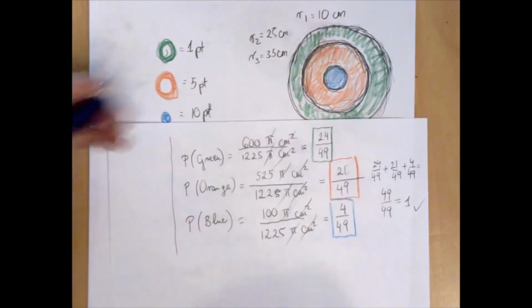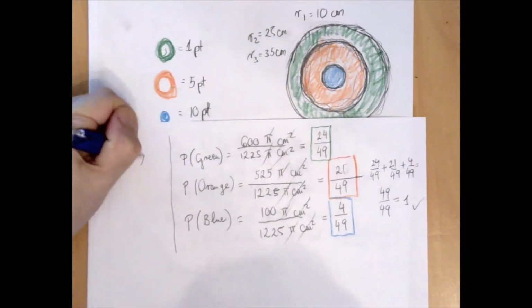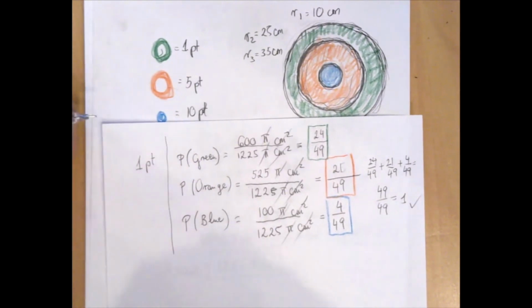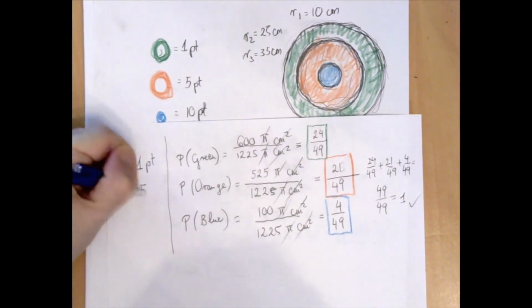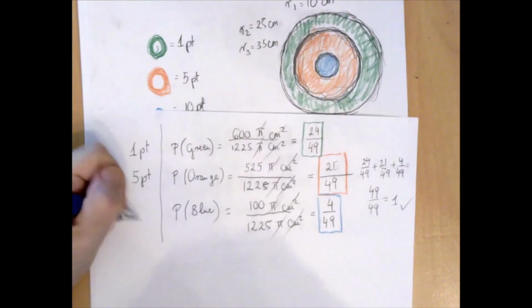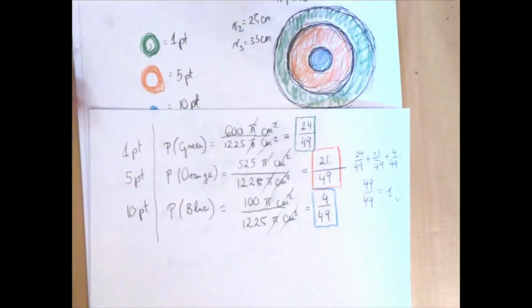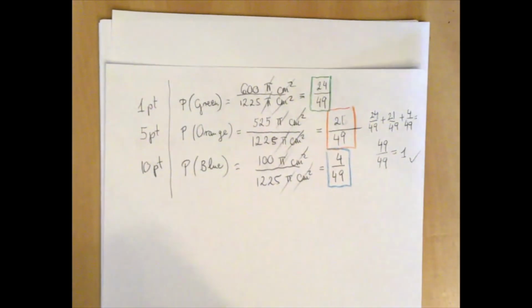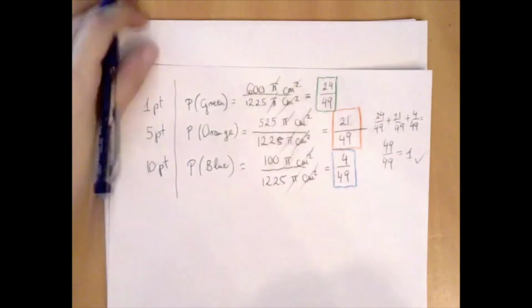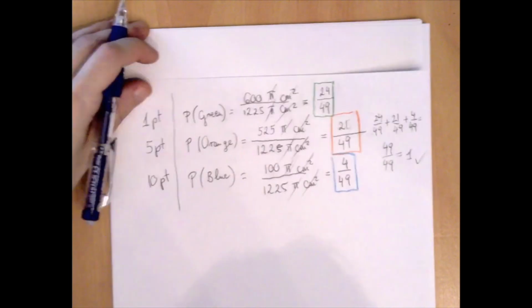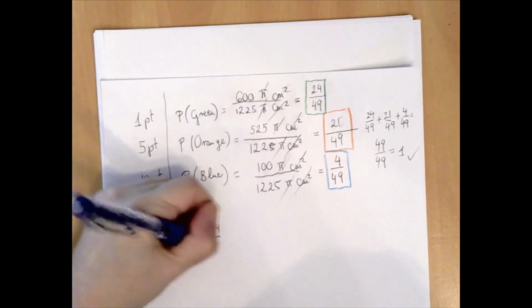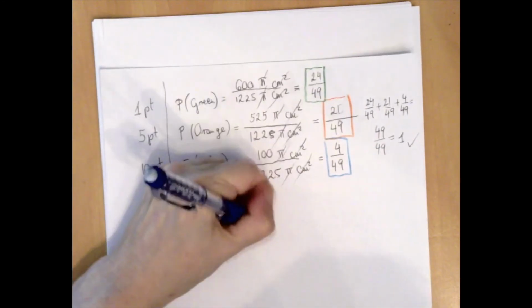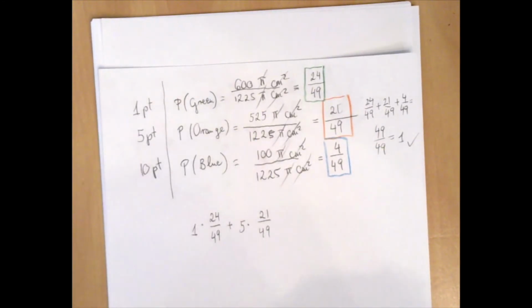Now recall what the point values were. Green is 1 point, orange gets us 5 points, and blue is worth 10 points. The expected value of the score is found by listing every outcome with its probability. 24 times out of 49, we get 1 point. 21 times out of 49, we get 5 points.